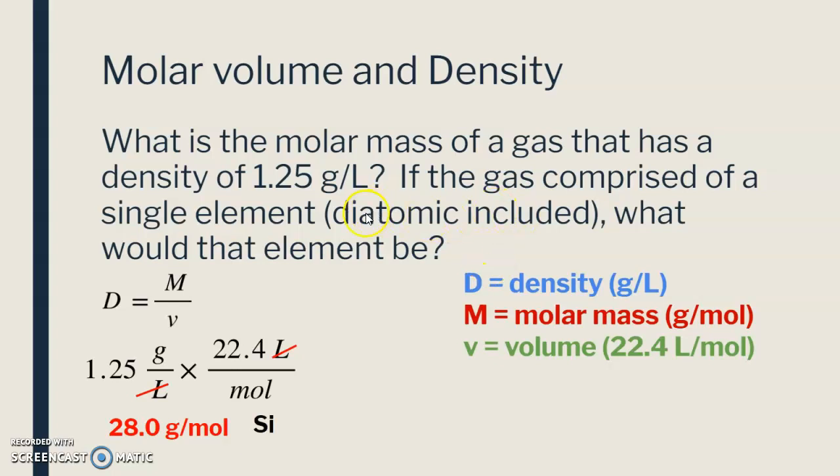But because I said that it can be a diatomic element, let's go ahead and divide the 28 by 2, because I know diatomic means 2. And when I do that, I get 14, give or take. So actually my diatomic element, or my element of unknown origin, would be nitrogen in this case, because nitrogen is 14.01. Multiply that by 2 to get 28. Okay, and that's kind of how we arrived at that.